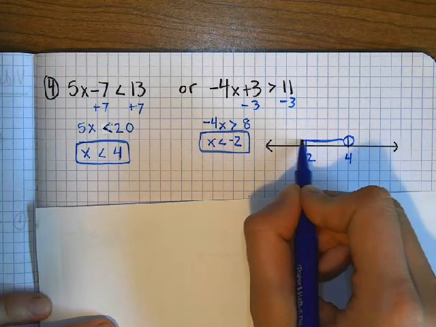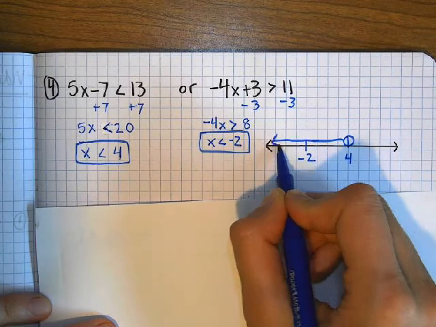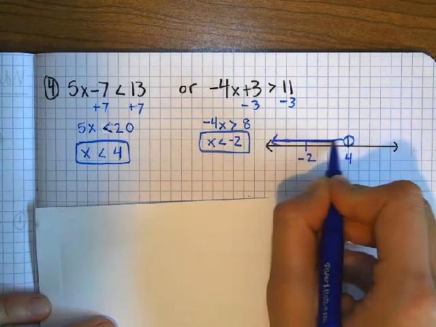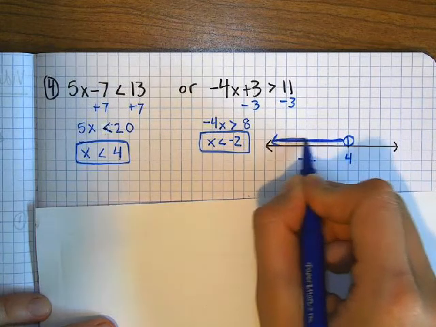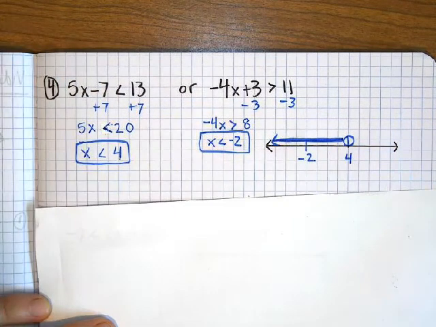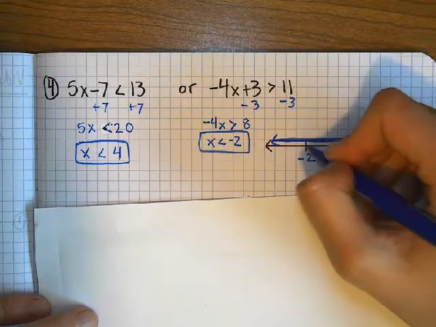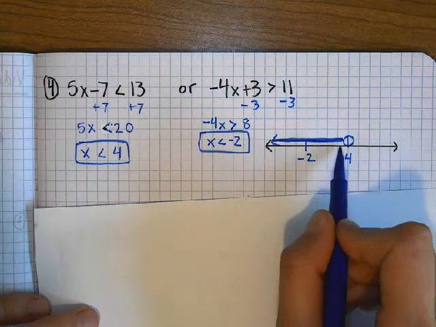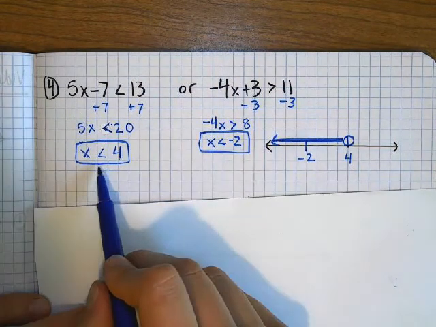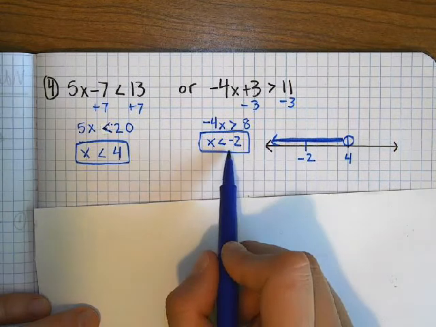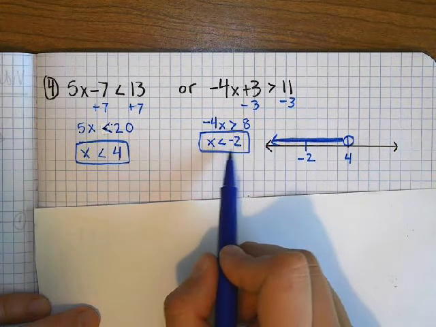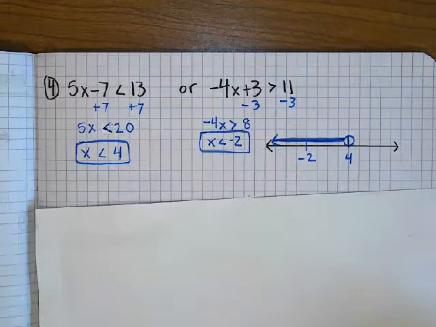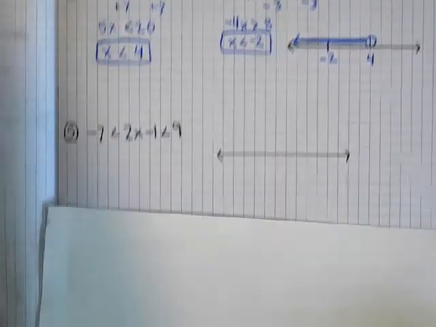So we don't need to put an open circle there because -2 is covered by being less than 4. So this is an "or" statement that just goes one direction. The reason we don't put an open circle there is because -2 is included in this first inequality. Even though -2 isn't included in this inequality, in our second one, it's already covered.